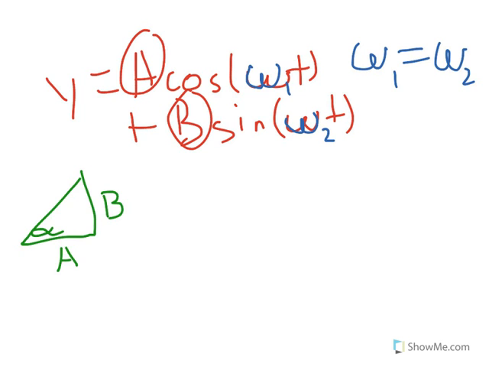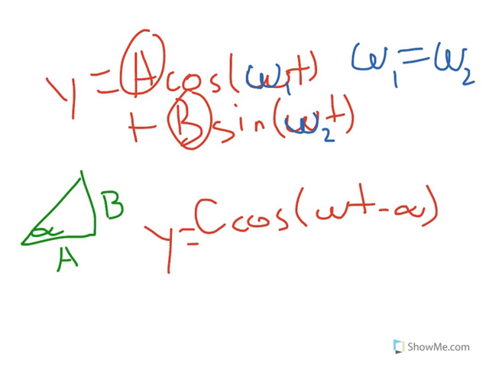Making the two into a triangle allows us to evaluate the individual contributions of the sines and cosines. From a geometric sense, the hypotenuse that we label C will be our final cosine function. Our final function will be in the form C cosine of omega t minus alpha.